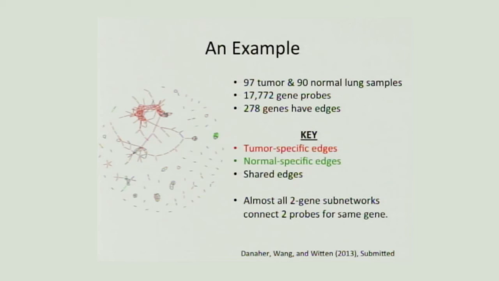It turns out that these little 2-gene subnetworks, for instance, in here there's a little black line, and in here there's a little red line, are actually connecting 2 probes for the same gene. This is maybe not particularly relevant biologically, but it's very reassuring statistically, because it tells me that these 2 probes for the same gene are conditionally independent of all other genes.